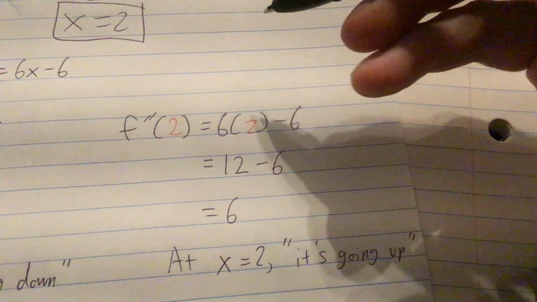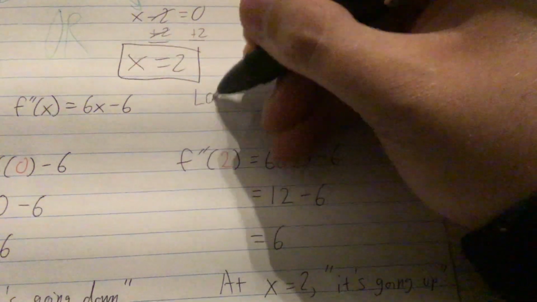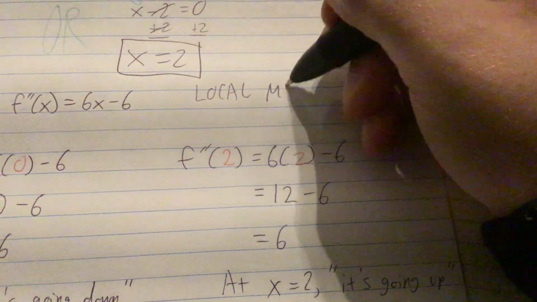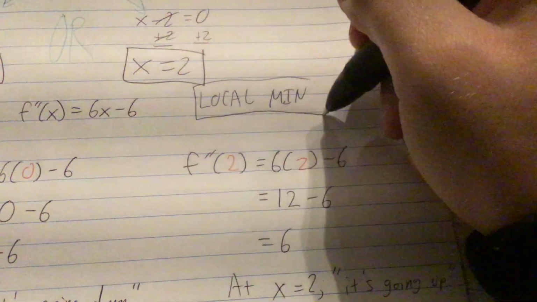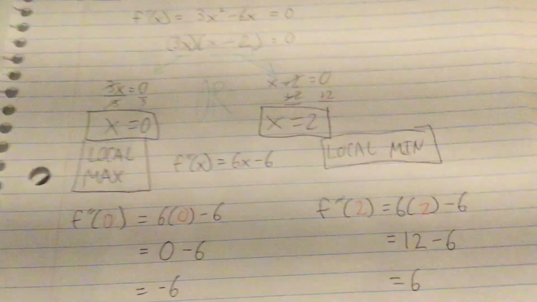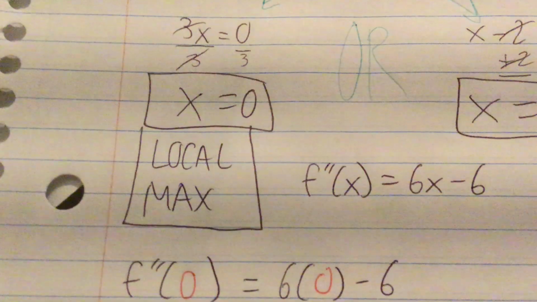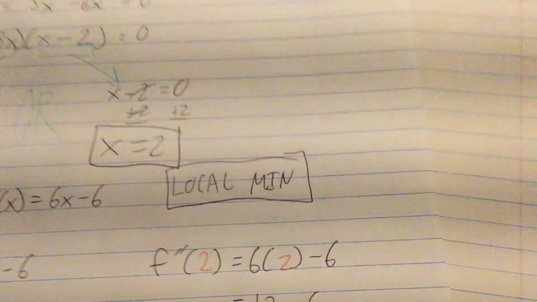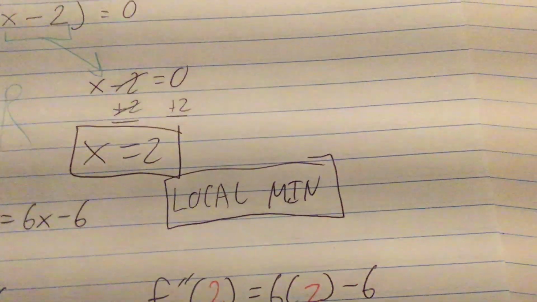So if it's going up, that is a local minimum. According to our calculations, using the second derivative test, x equals 0 is a local max, and x equals 2 is a local min.